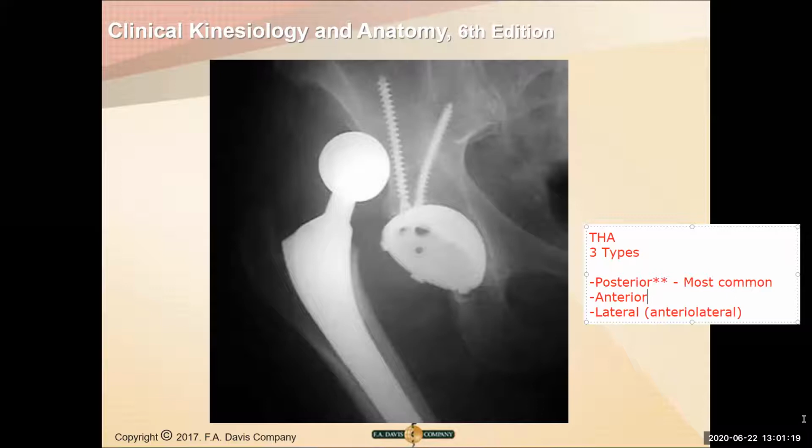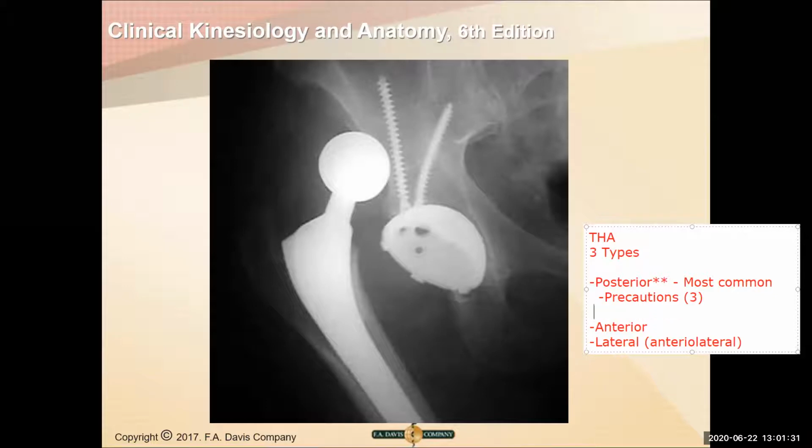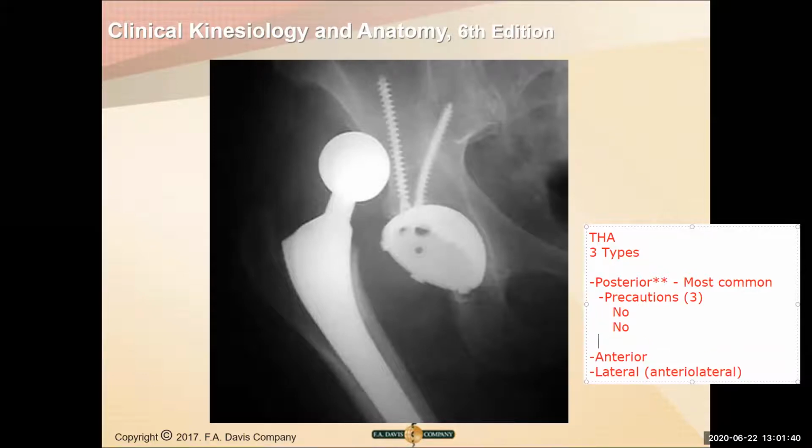Makes sense. Does anyone know what the precautions are for a posterior hip? There are 3 of them. Okay, so I got no adduction, good, no internal rotation, and don't pick things up.